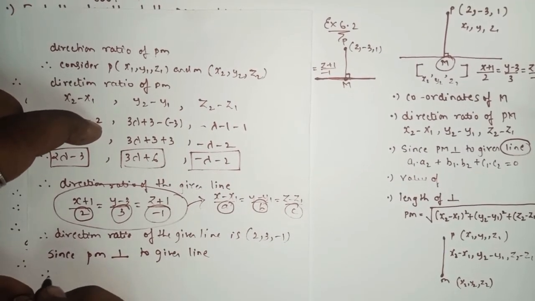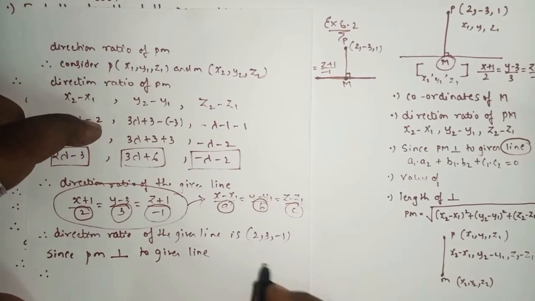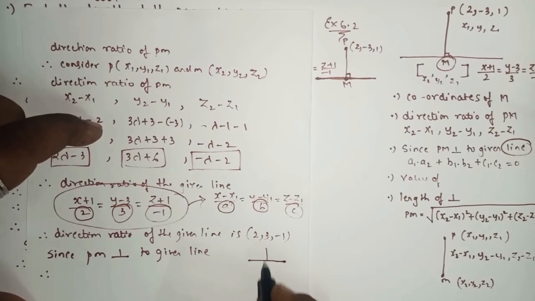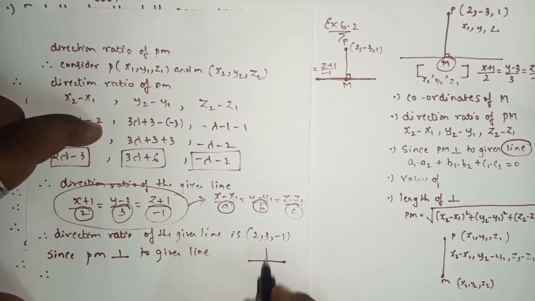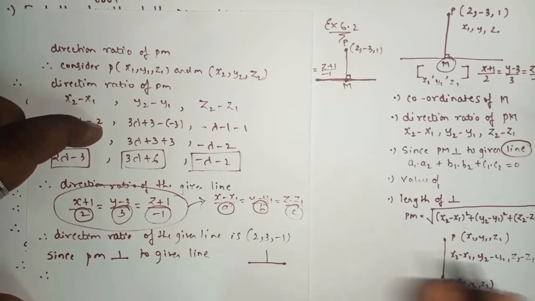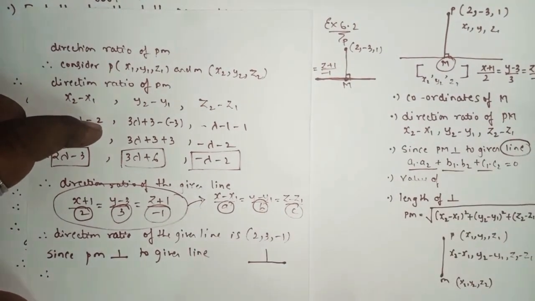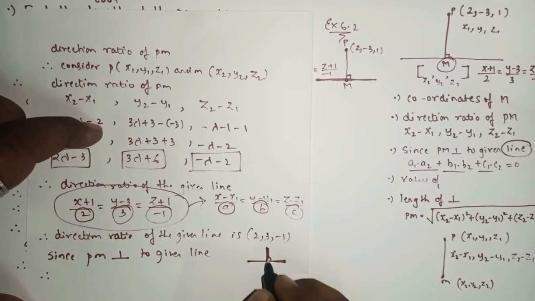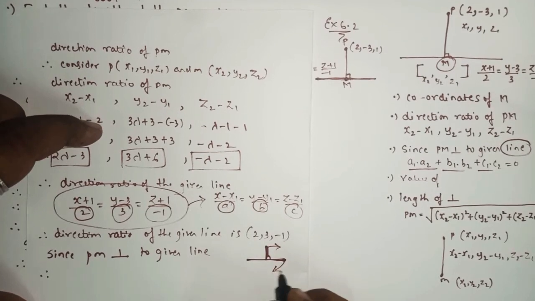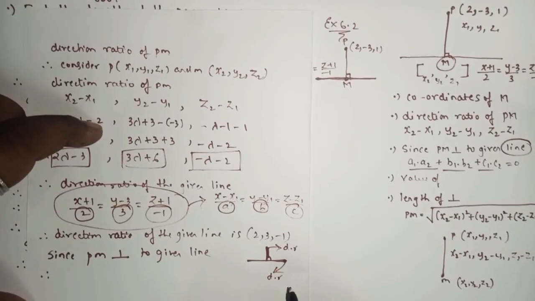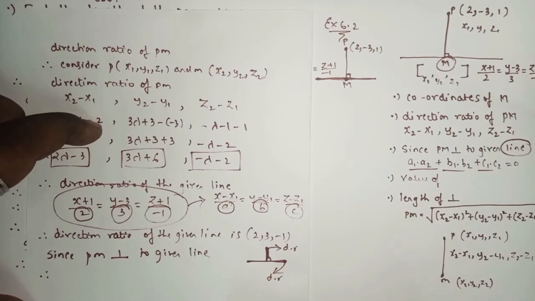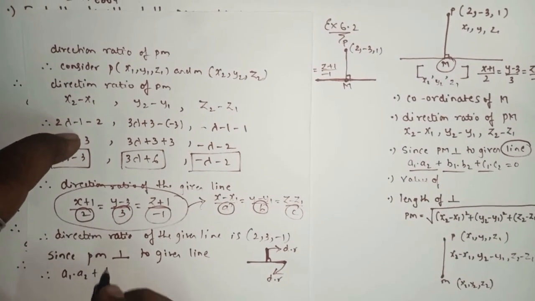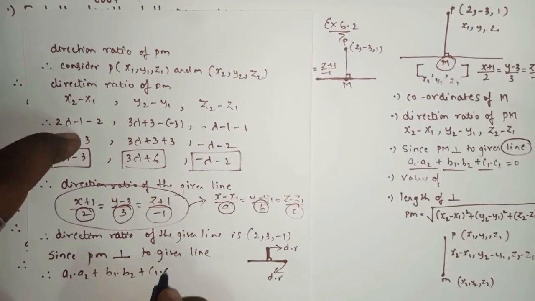Okay, so there is one concept that when two lines are perpendicular to each other, the sum of the product of their direction ratios is equal to what? 0. So as PM is perpendicular to this line, we have the direction ratio for this line and the direction ratio for this line. Yes or no? So here we have to use this concept, that is the sum of the products a1 a2, b1 b2 and c1 c2 is equal to 0.